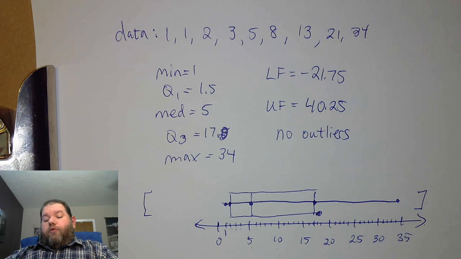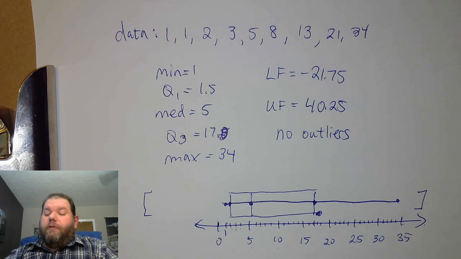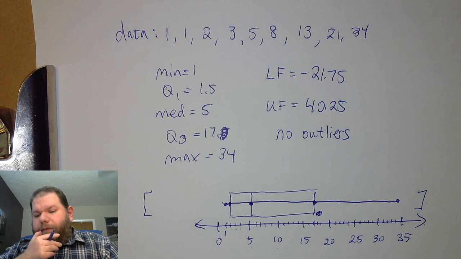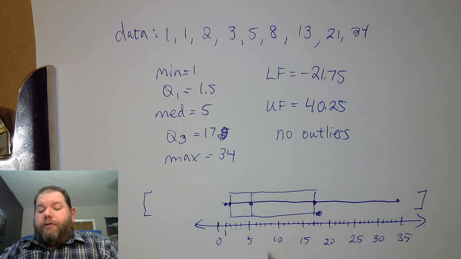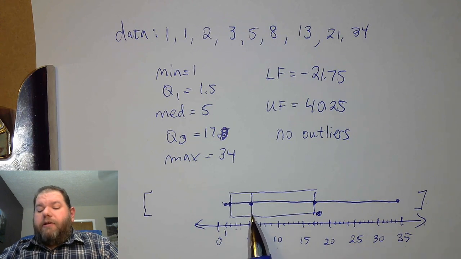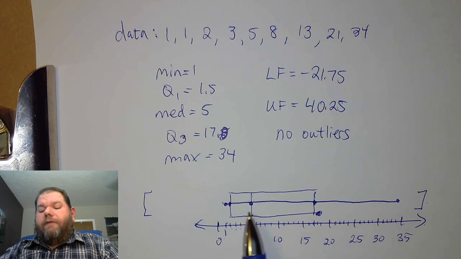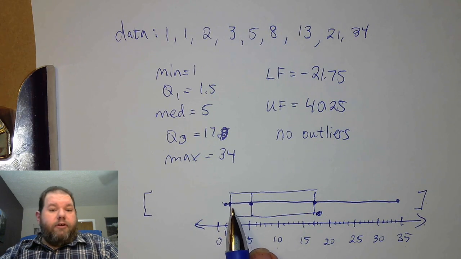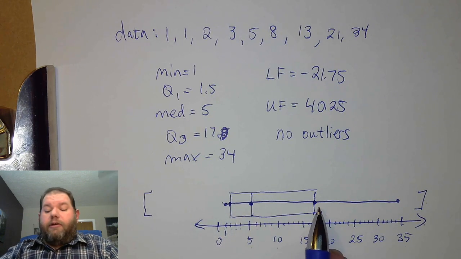Now, what we can see by looking at this box plot, there's a couple of things going on here. One, because our median is kind of to the left side of this box, closer to Q1 basically than it is to Q3.